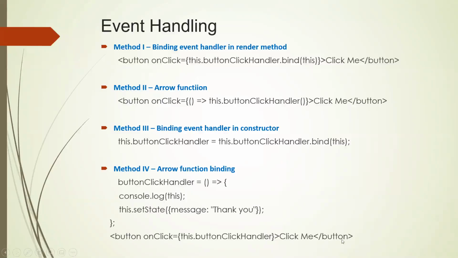This is another way. So either 3 or 4 are preferable ones, and you can use those methods for your event handling. Even 1 or 2 are fine if it is a simple component, but 3 or 4 are the best practices that we can go with.